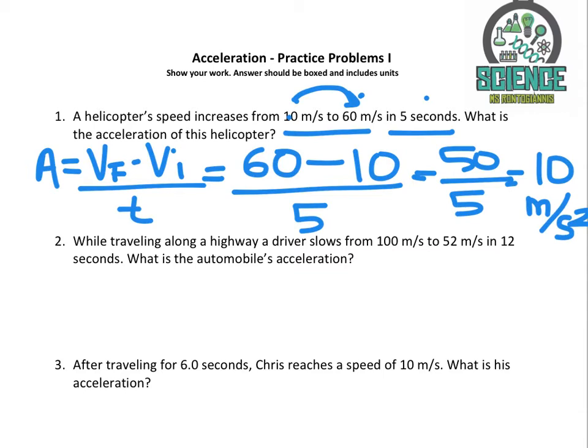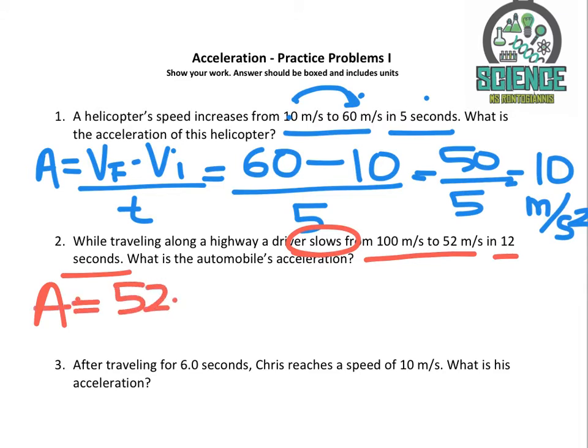Now for number 2, same type of thing, but here we're going to get a negative answer. While traveling along a highway, a driver slows, there's our key word, from 100 to 52 in 12 seconds. Again, following my equation, this time it's going to be 52 minus 100 divided by 12. 52 is our final speed minus our initial speed, divided by the 12 seconds.